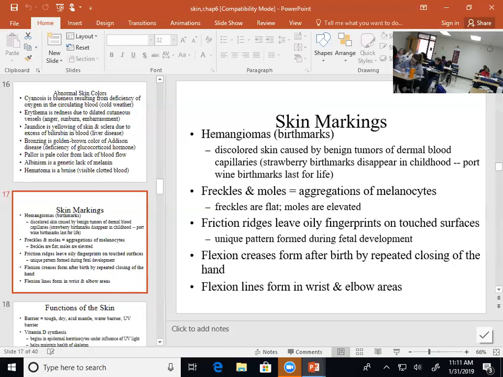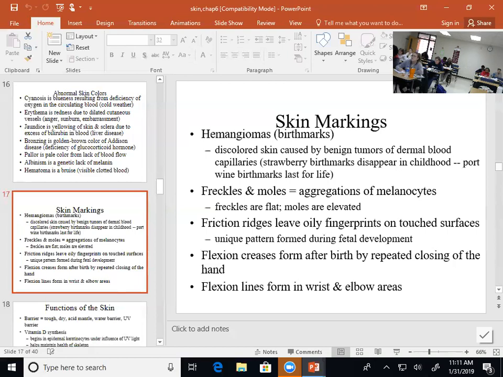These are benign tumors of the vessels in the dermal system that don't quite cover, so you can see through and you can see them, right? Your textbook says strawberry birthmarks usually disappear by adulthood. But I've known some people who kept strawberry birthmarks into adulthood, but they can sometimes disappear.